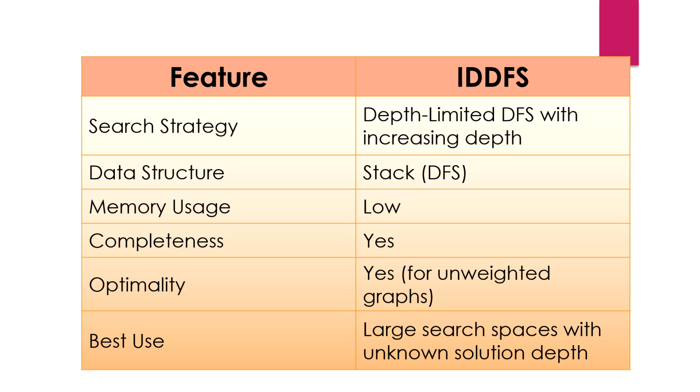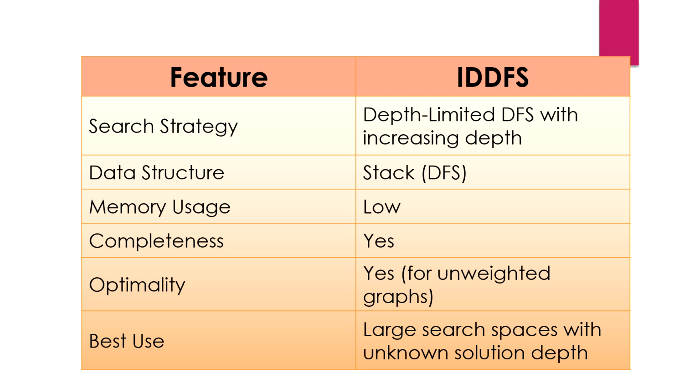Now let's discuss the important features of IDDFS. First, the search strategy is depth limited DFS with increasing depth internally. It uses a stack just like DFS. Since only one path is stored, memory usage remains very low. Unlike DFS, IDDFS is complete.